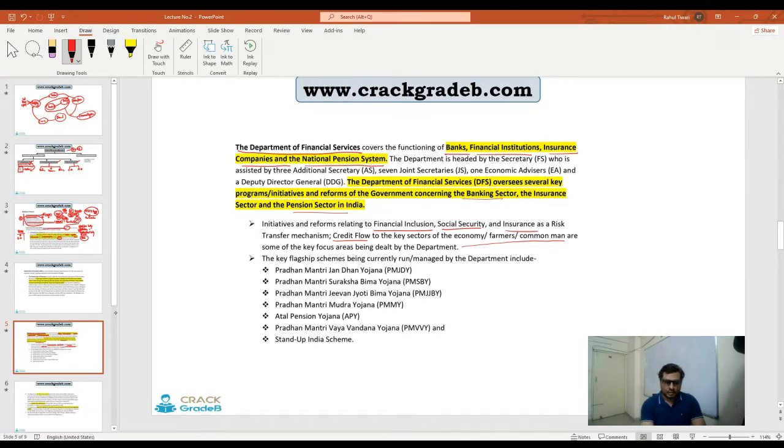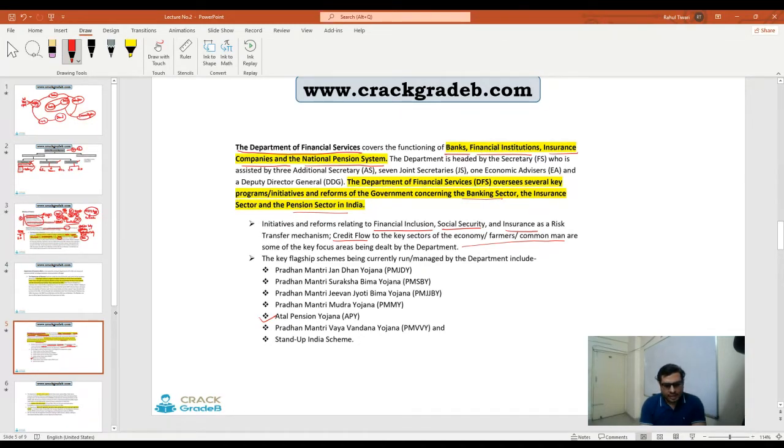Every year in your exam, they ask questions. Maybe they can also ask: Atal Pension Yojana is implemented by which of the following departments or ministries of the Government of India? The answer will be the Department of Financial Services, Finmin, right?